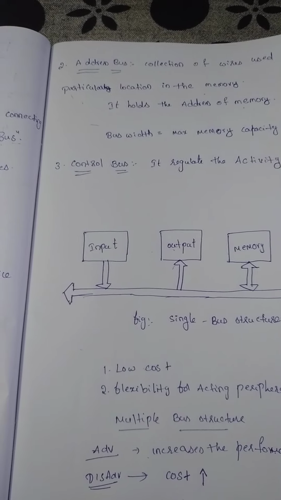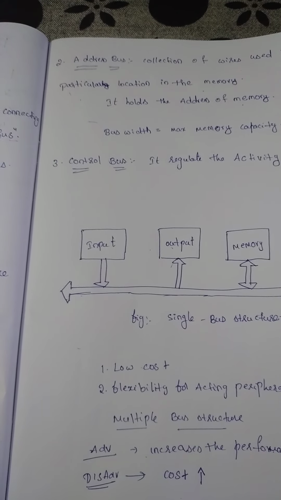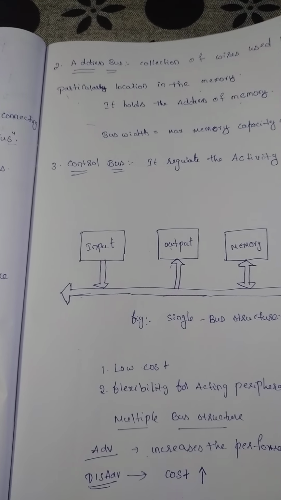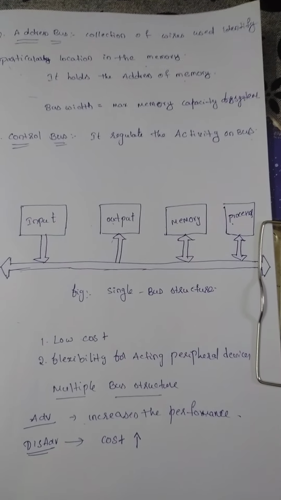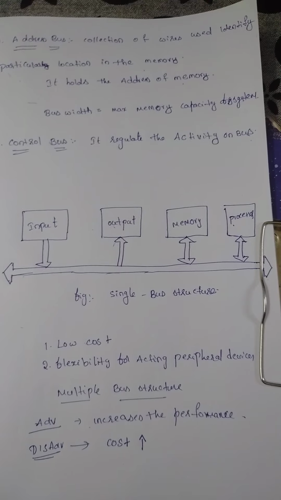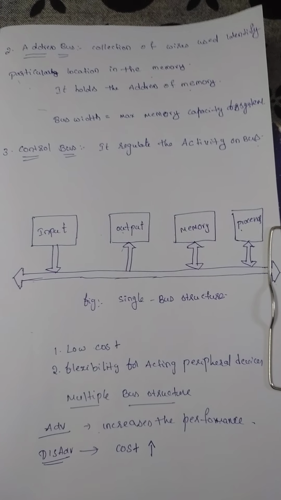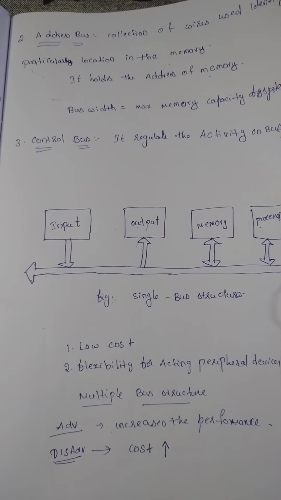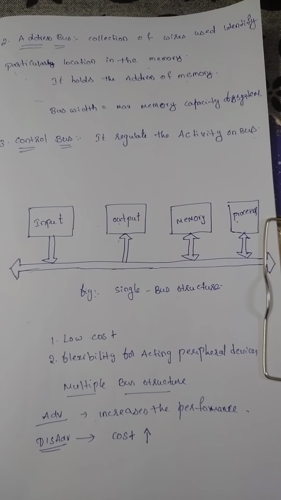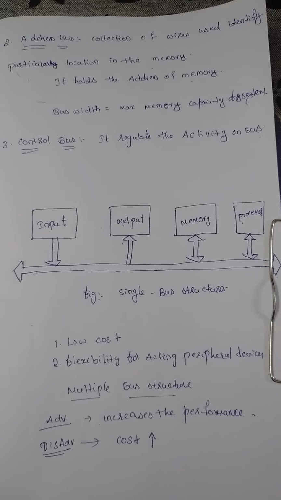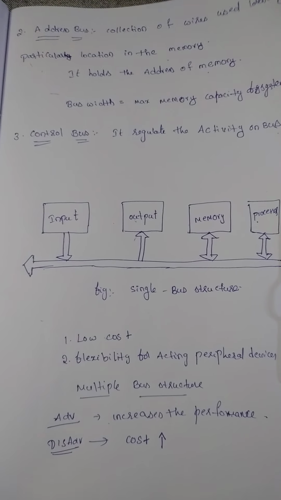Keyboard and printer are relatively slower than memory and processor, which work faster.